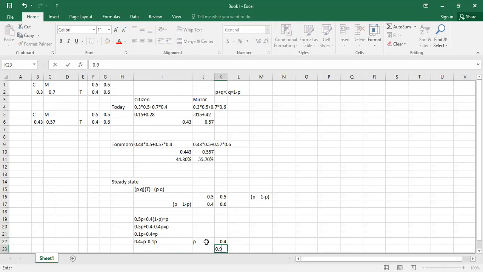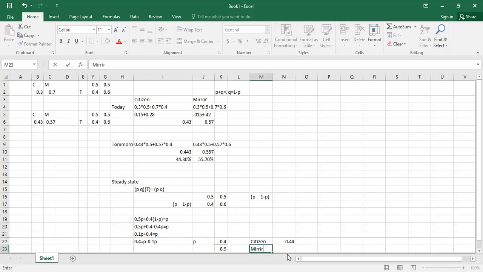What do you get? 0.44. So we are getting 0.44. Remember that was representing our citizen. So that is 44% or 0.44. So with that, we can get mirror, isn't it?